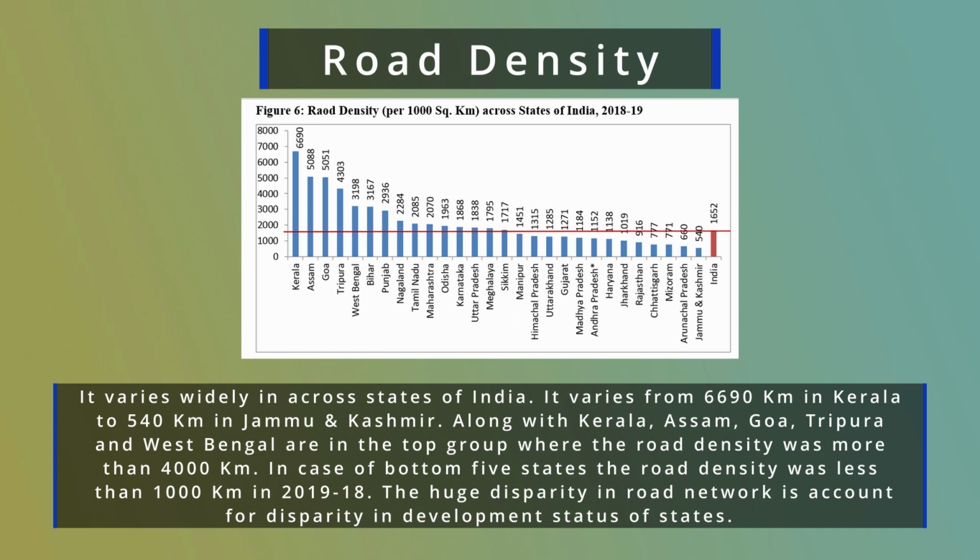In case of Mizoram, it is 771 km. Chhattisgarh and Rajasthan also have road density less than 1000 square km, whereas the road density is also high in Kerala, Assam, Goa, even Tripura. This high variation of the road density across states of India is also a cause of the regional imbalances.